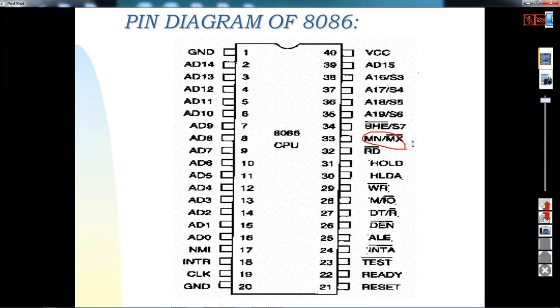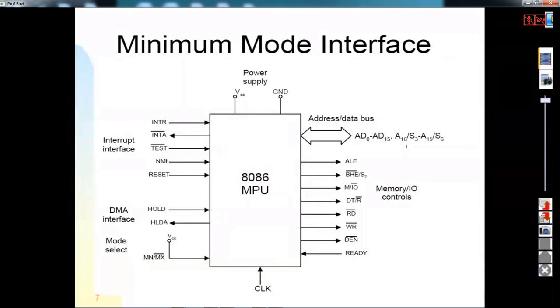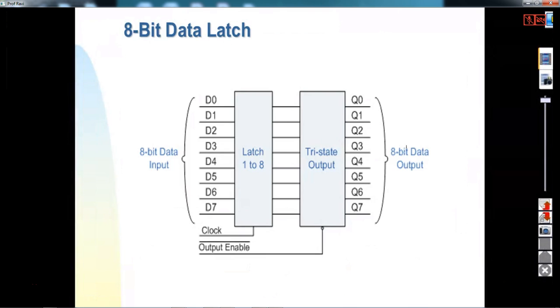If this pin is connected to 5 volts, then it will act in minimum mode. If it is connected to ground, then it acts in maximum mode. So the minimum mode and maximum mode of operation is just by connecting this pin.